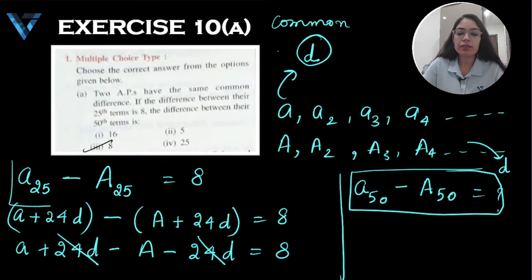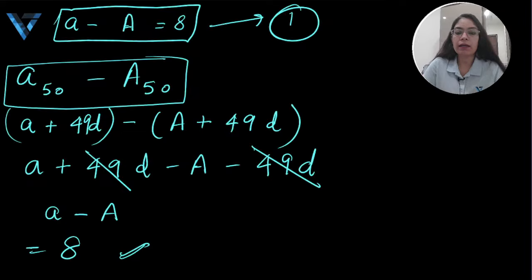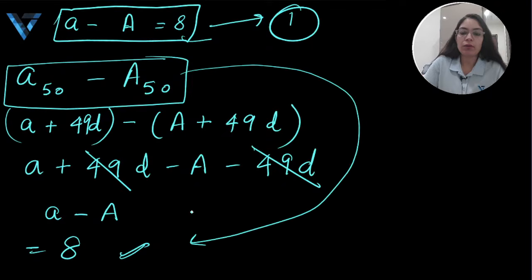It was also given that the difference between their 25th terms is 8. So I expanded their formulas, and after expanding I got the difference between their first terms, small a minus capital A, as 8. Then I substituted this when finding the difference between their 50th terms.